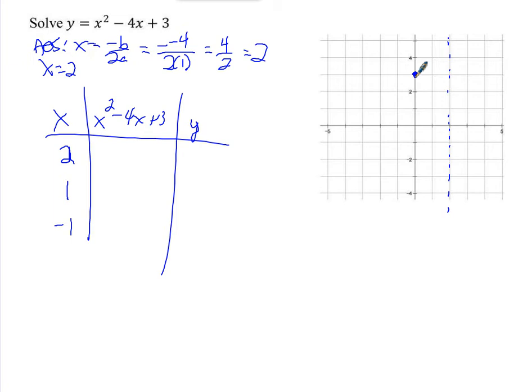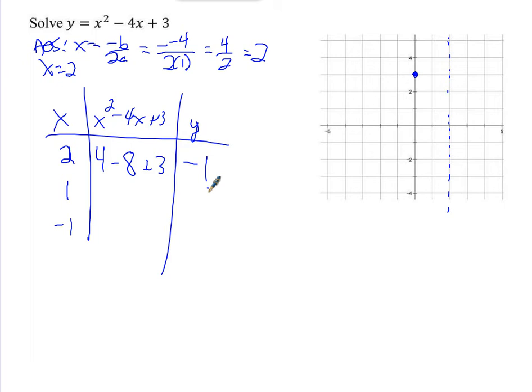Okay, let's plug in 2. First term. 4 minus 8 plus 3. Negative 1.